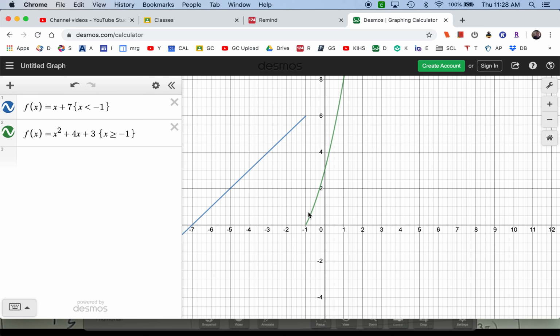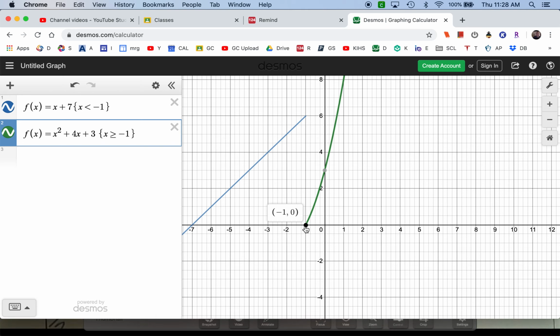So if I look carefully at -1, oh, and it says from the right. So the other one said from the left, but they agreed. So the two-sided and one-sided both existed, both are the same answer. For number 18, it says only from the right. So from the right, what's the y coordinate at -1? So from the right, the answer is 0.